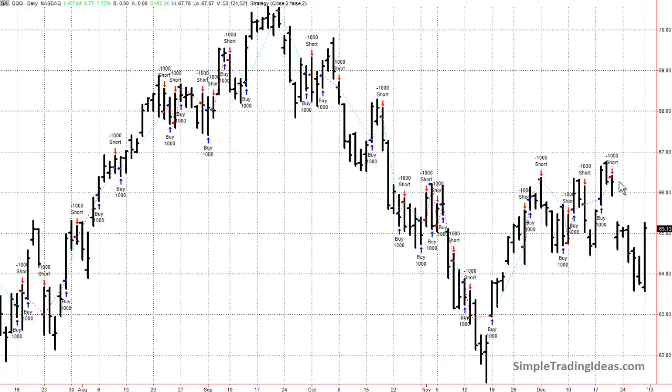We're going to look for confirmation of some sort to give us more confidence that the market is headed downward. So we're looking for a little bit more confirmation of a trend in a downward direction, and a little bit more confirmation of a trend in an upward direction.